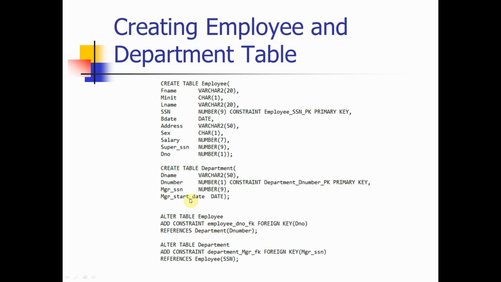And therefore, you can see that the way of creating those two red foreign keys is: we create a table first, and then create another table, and then we alter the table employee by adding the foreign key, and then add another foreign key to the department so that its manager social security number will reference employee's social security number. So that is how we will be able to create the foreign keys after the tables are created.